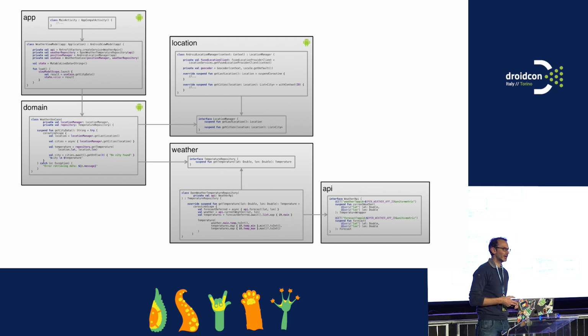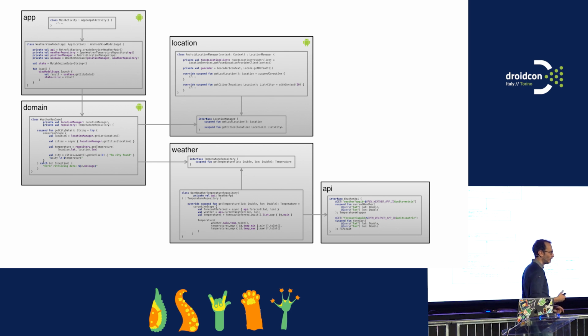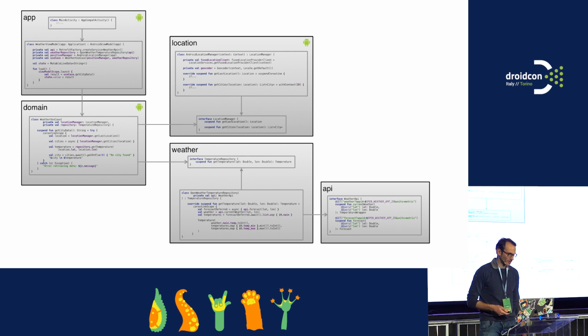It's the domain because it contains the business logic of our application. Then there is a location module that contains the interface and the implementation of the location. A weather module contains the interface and implementation of our repository. And there is an API module that contains all the Retrofit stuff to execute the server calls.